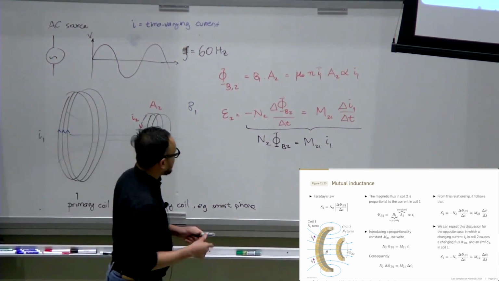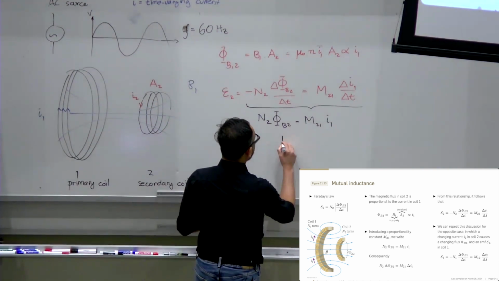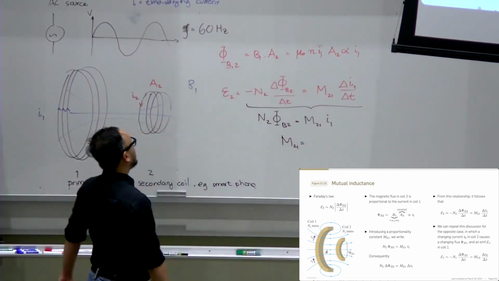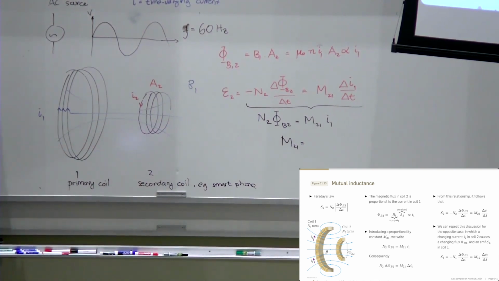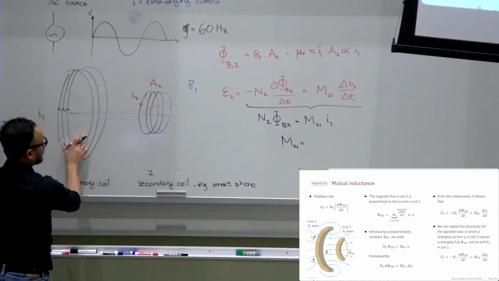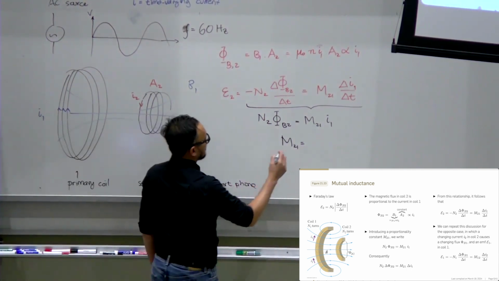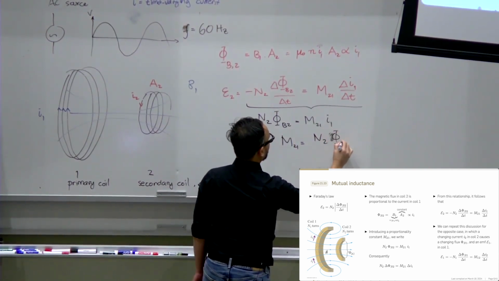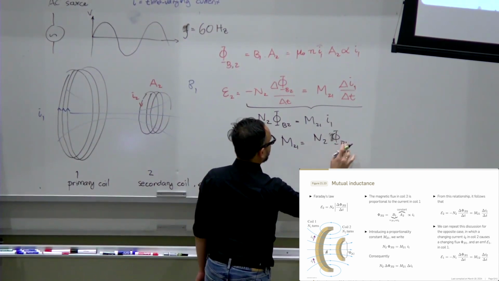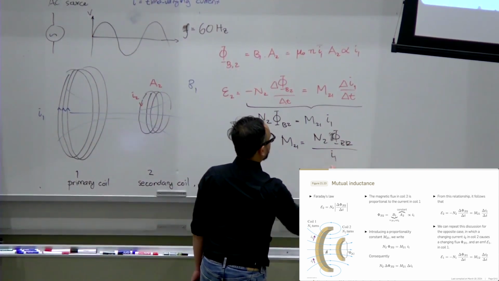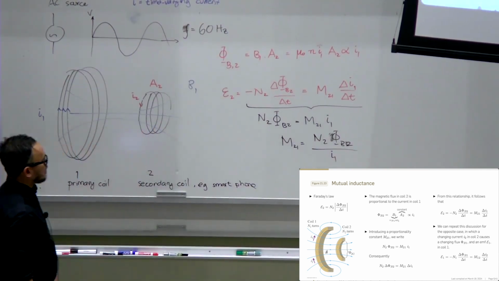Right now, what I'm trying to do is give a definition of this M. M is the mutual inductance. At this point of the lecture, M21 is the mutual inductance of coil 2 due to coil 1. So this is equal to N2 times the flux due to coil 1 in coil 2, divided by the current.